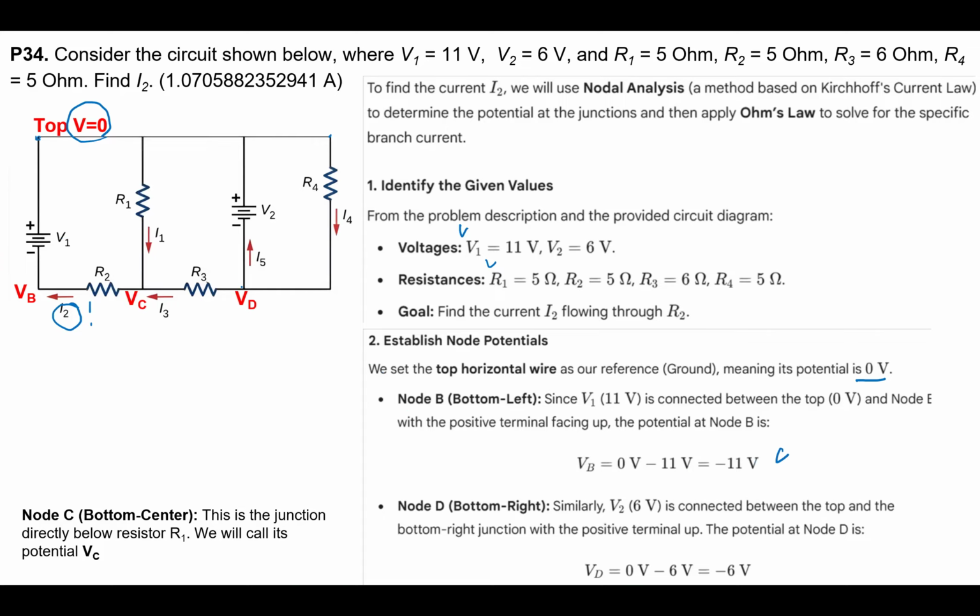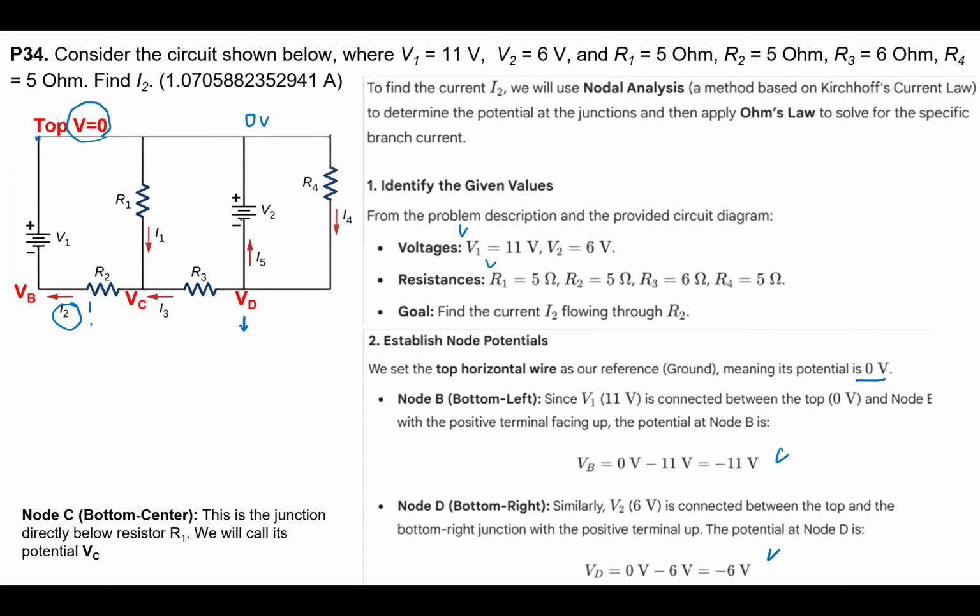Node D here can also be found out. Similar to this case, if you look at it, this is 0 volt, and then it is connected only by this battery. So VD is actually minus 6 volt, okay? Same as V2.